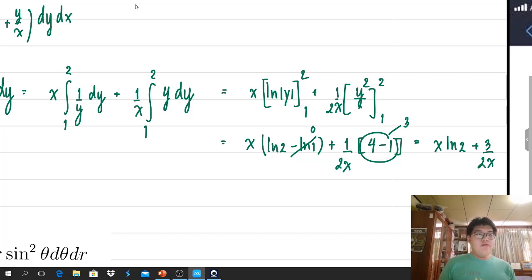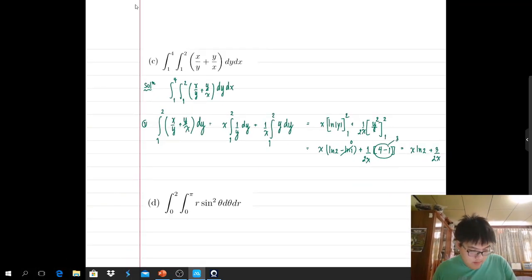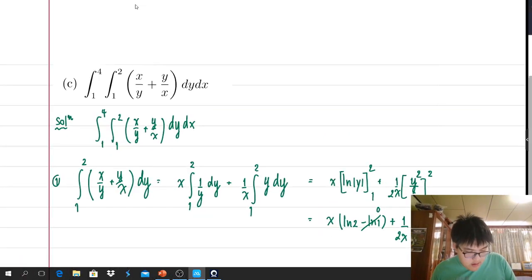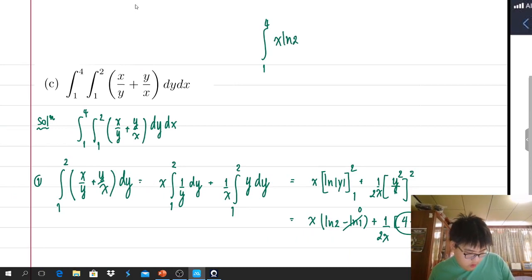This is the answer of the inside integral, but it's not only that. We need to do the outside, and we will use some space here. Outside is 1 to 4, and this one we will get x ln 2 plus 3 over 2x.